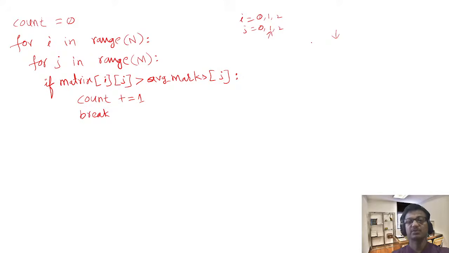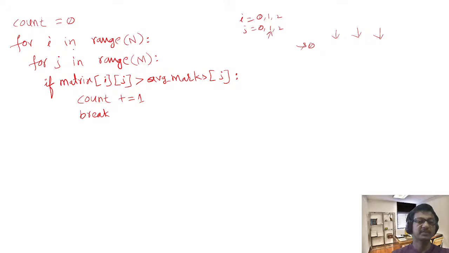So for student 0, subject 1, it is not greater than, so this if condition is not executed here, j value increments, it checks subject 2, then it checks subject 3 marks. Like this it checks each subject's marks to see whether the student passed or not.